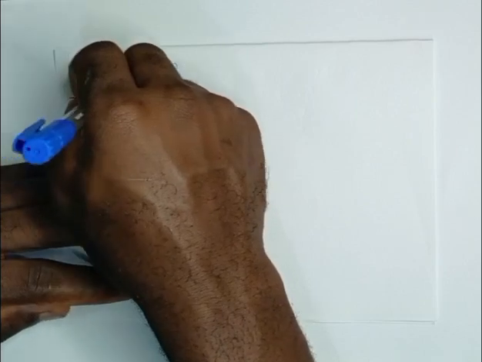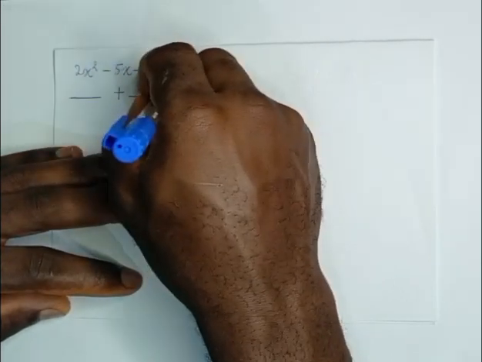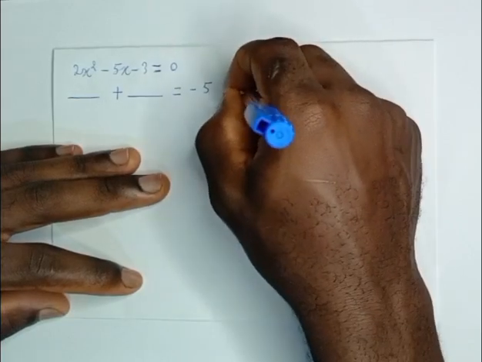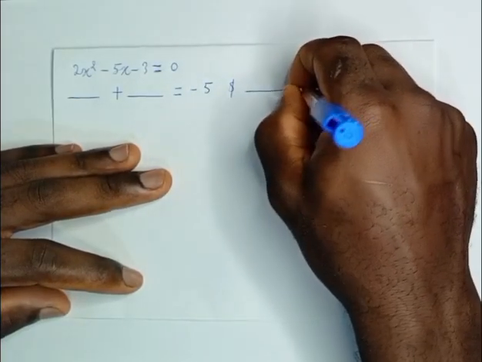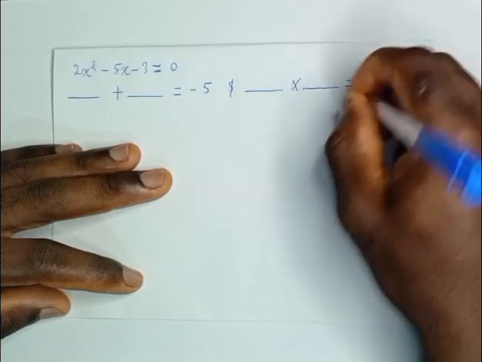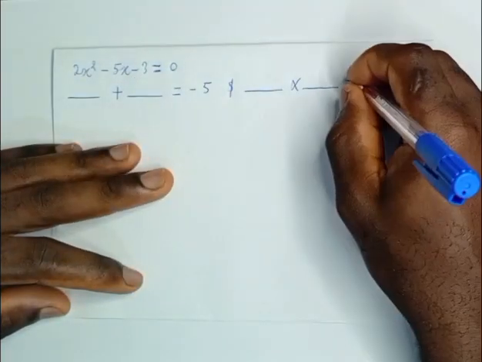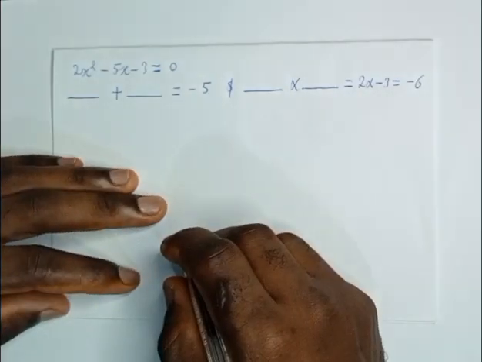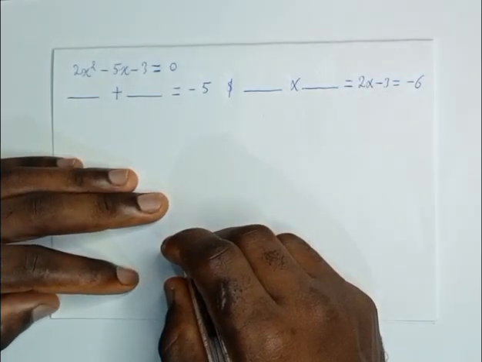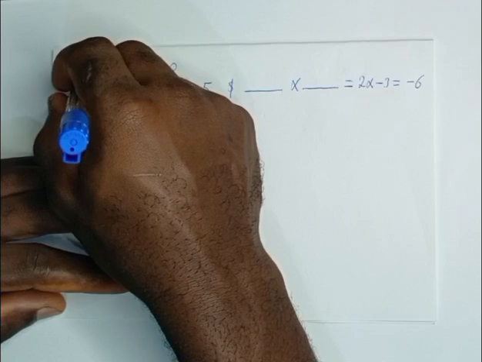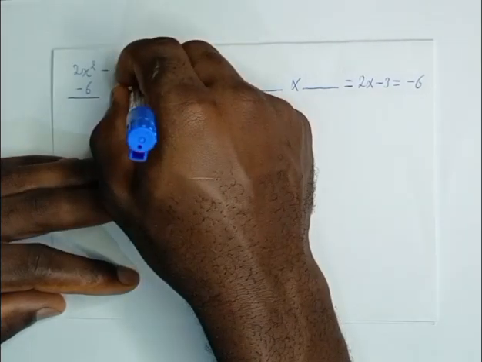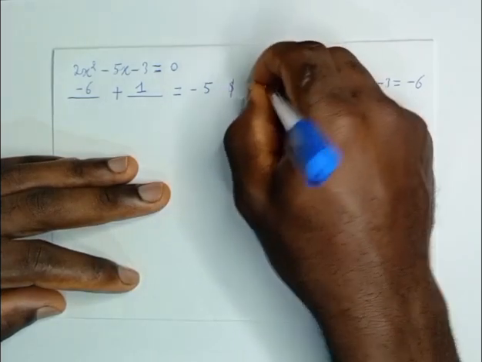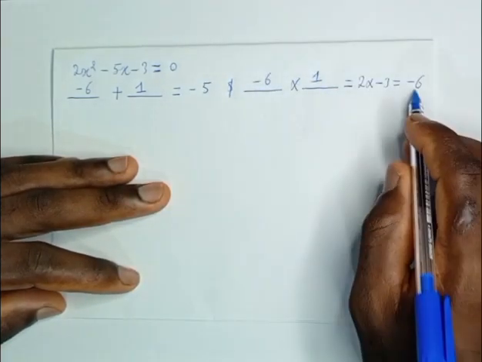We need two numbers such that their sum is equal to negative 5 and their product is equal to 2 times negative 3, which is equal to negative 6. The two numbers will simply be negative 6 and 1. Negative 6 plus 1 gives us negative 5. Negative 6 times 1 gives us negative 6.